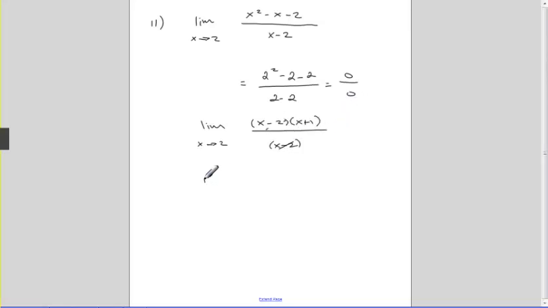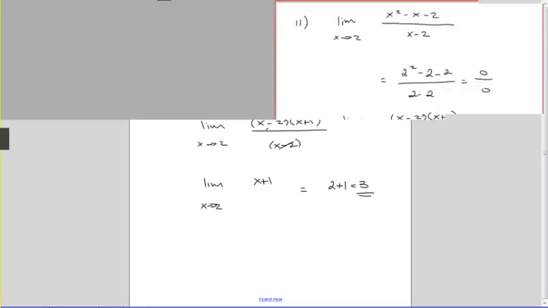And so the original limit becomes just x plus 1. When we substitute 2 into this expression, we get a determinate form. We get 3. So you get 2 plus 1, which is equal to 3. So that's the answer.